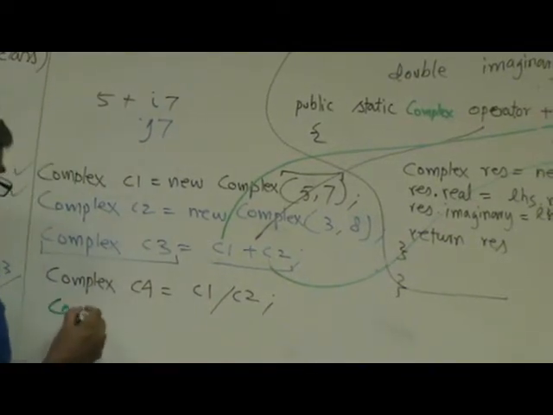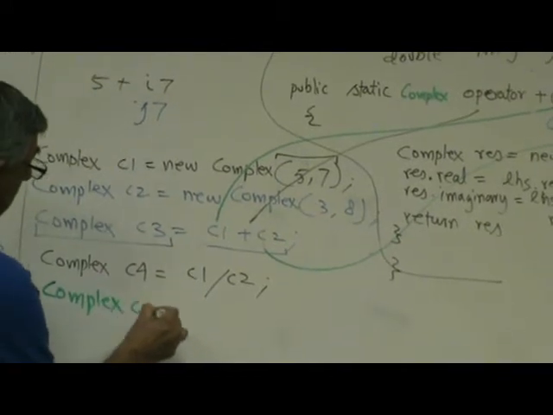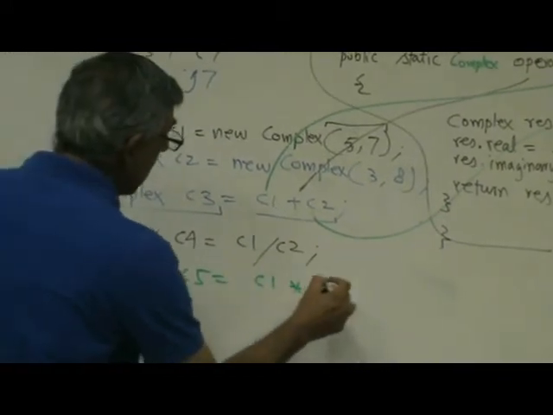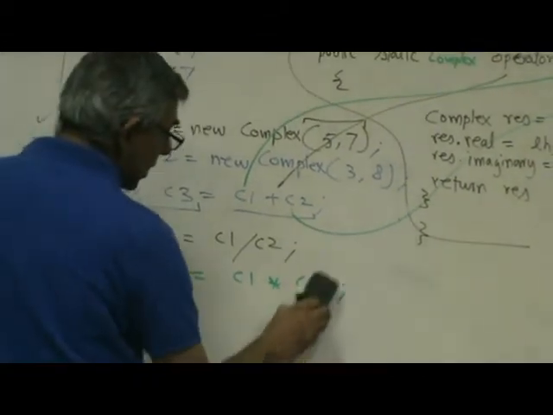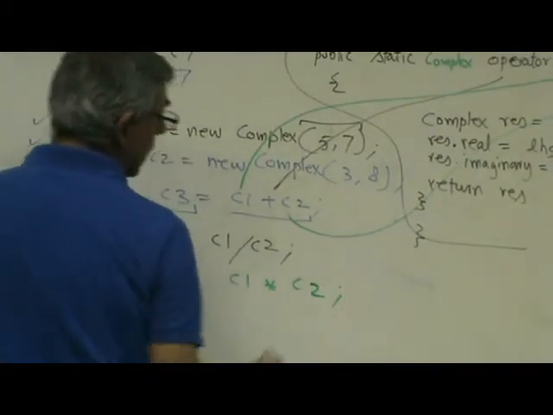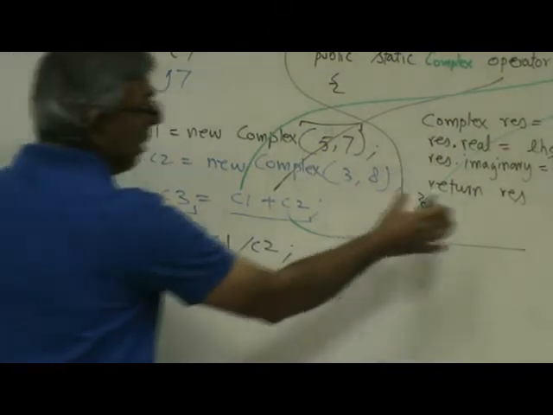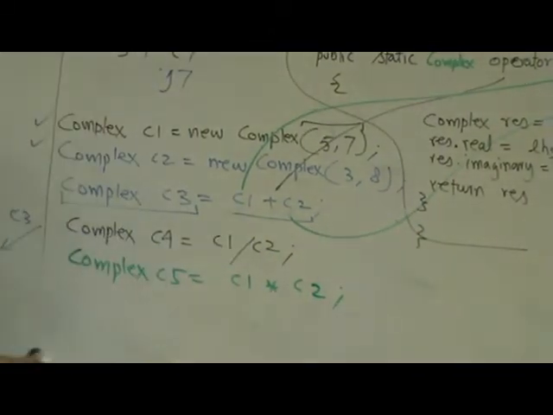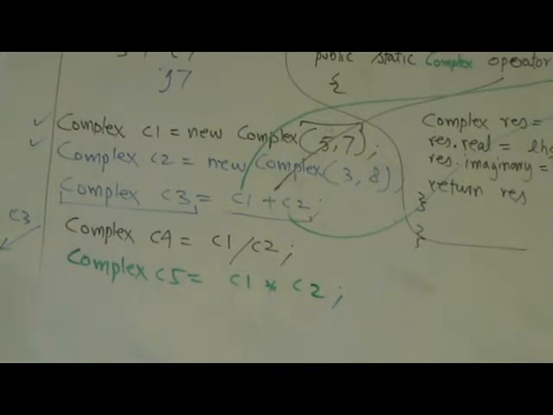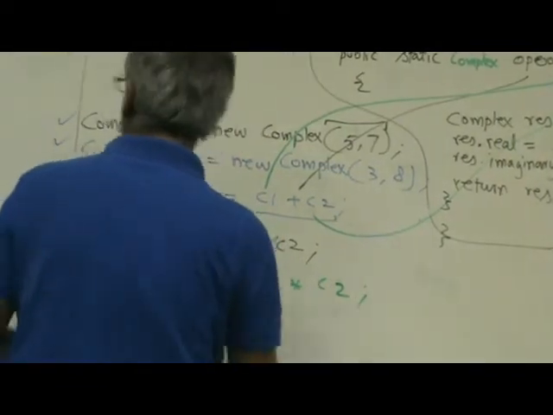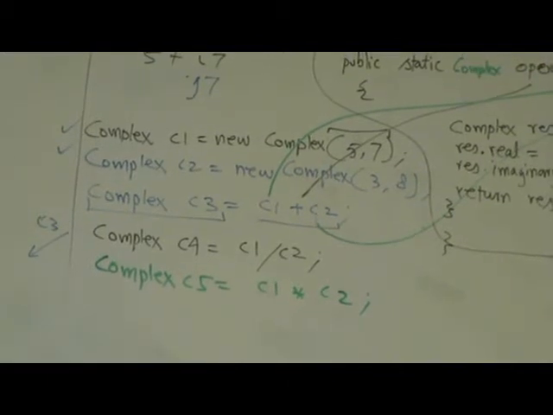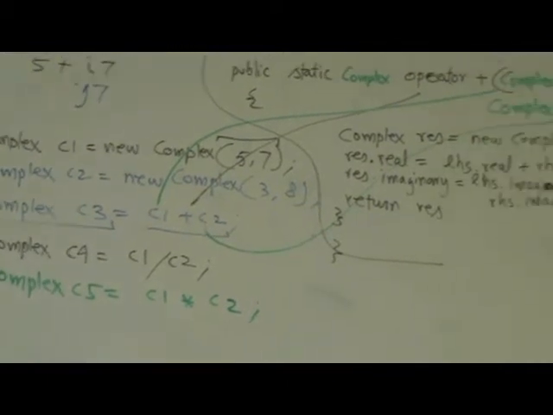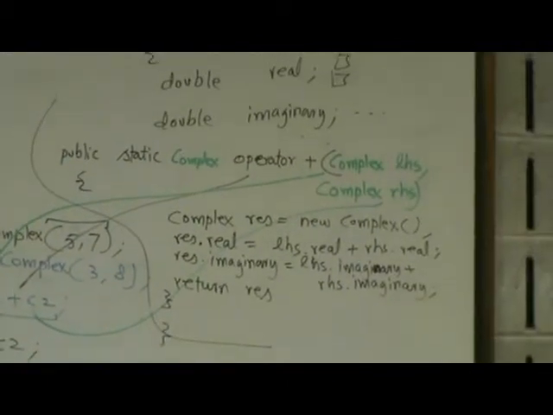Very similarly, what if you try to do Complex C5 equal to C1 times C2? Again, there will be an error, so we'll have to provide an overload of the multiply. Okay, so let me give you just quick code for the multiply, then I'll stop, and then I'll give you a small assignment for this week.